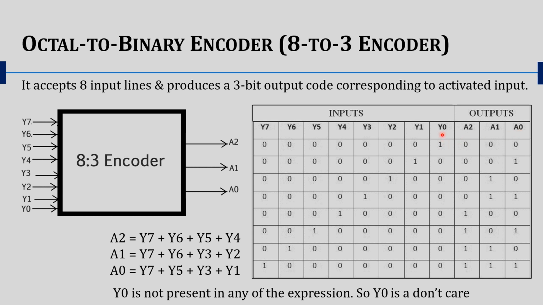If Y0 is active, then it represents the combination 0, 0, 0. If Y1 is active, then it represents the combination 0, 0, 1. If Y2 is active, then 0, 1, 0. If Y3 is active, then it represents the combination 0, 1, 1, the corresponding decimal number 3, right?